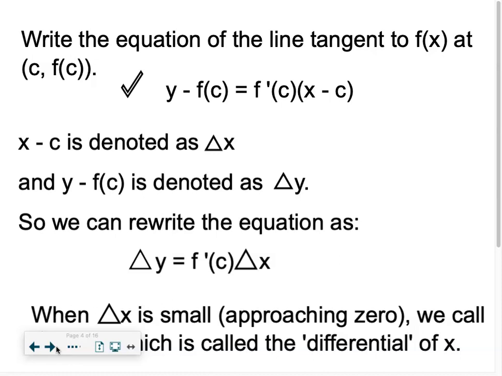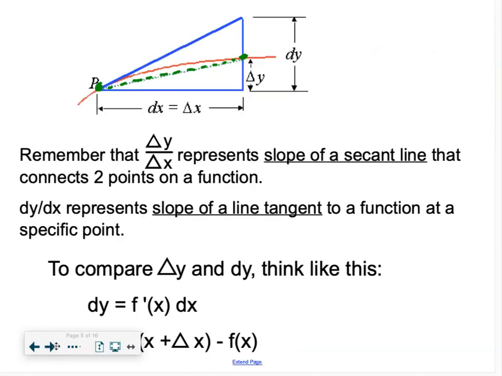So anyway, here's the thing. Delta x is literally the change in x, and delta y is literally the change in y. So if I'm on a curve, the red thing is the curve, and I'm going from here to here.